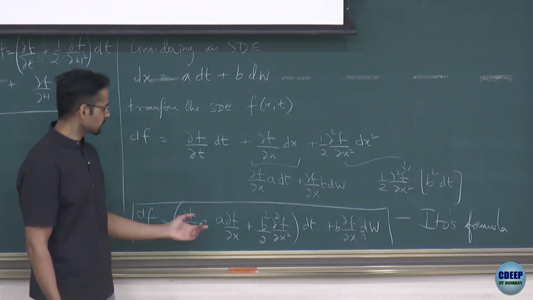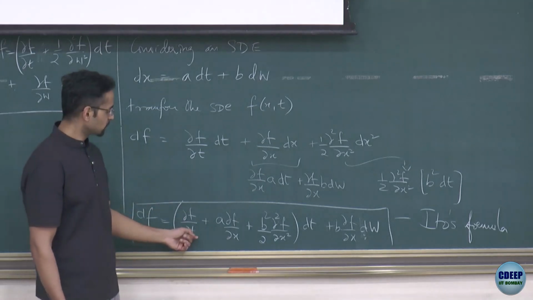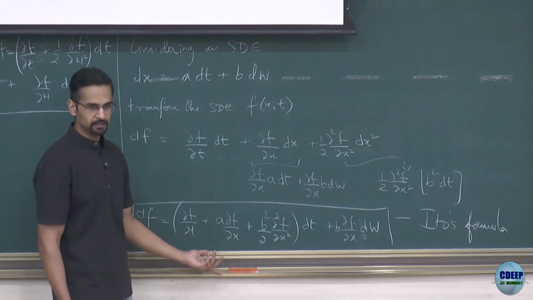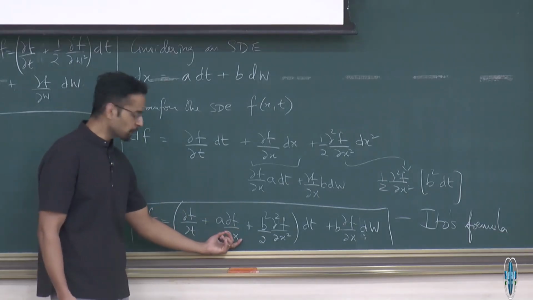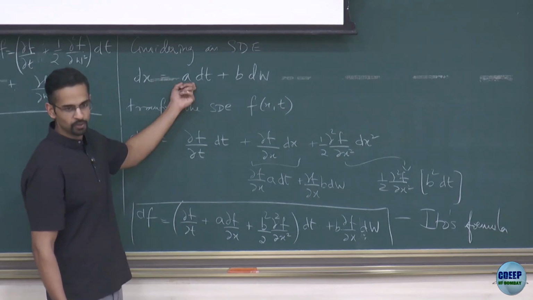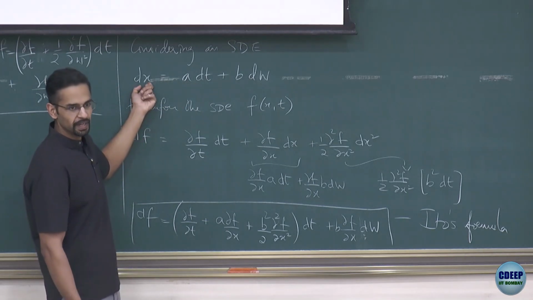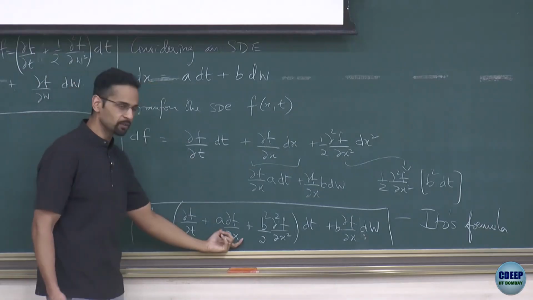Now, what is interesting is when you do that, it's not surprising that the drift will change. It will change exactly like A df by dx. So this part of the drift is coming from the original source of the drift. It's just that because you're looking at a different quantity, some other property of x, like x square, for example, that will change.